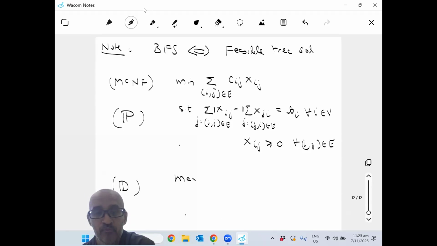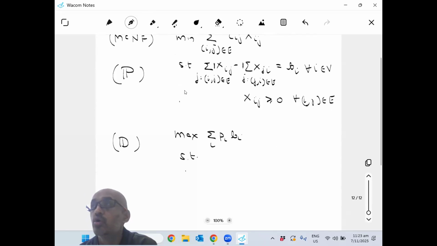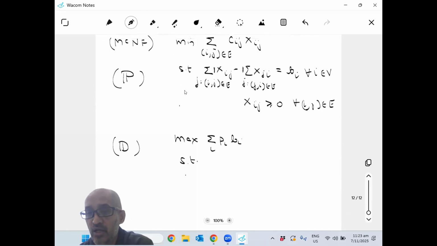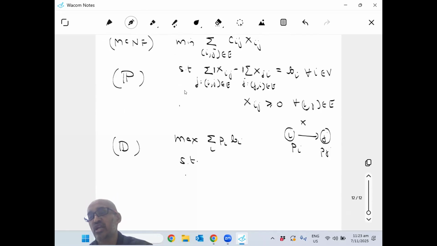So it's maximum summation over i of pi_i b_i subject to, how will the dual constraints look between node i and node j? For every node, there's a dual variable. The edge x_ij, which connects i and j, shows up in the flow conservation for node i and the flow conservation for node j.